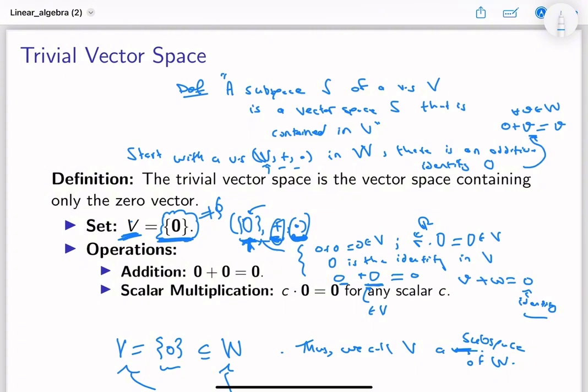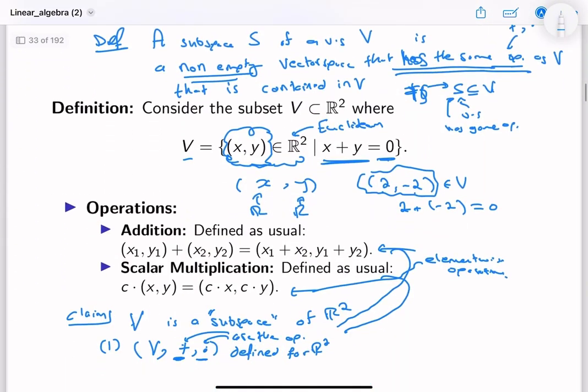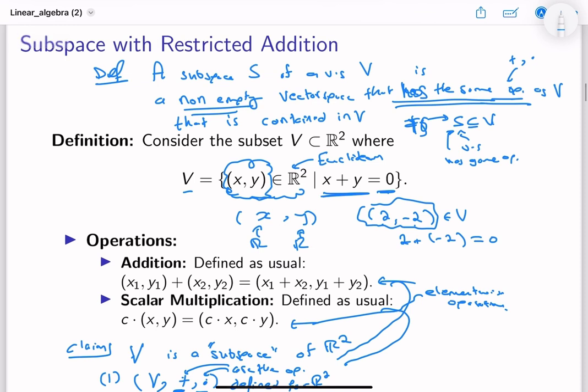And it's also clear that what we did here is that we equipped this set V with the same operations as the vector space omega that we were talking about. Okay, so this is what it takes for a subset of a vector space to be a subspace.